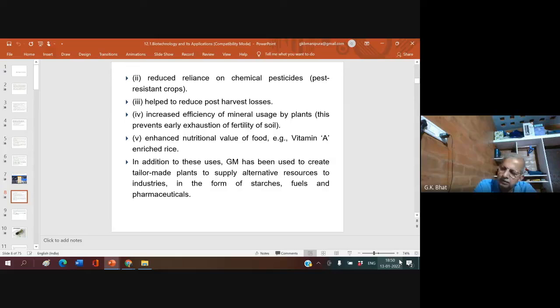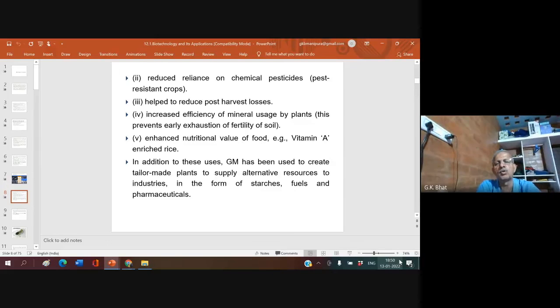Now, let me just tell you, if at all you are growing tomato, let us say that when you are getting your crop in certain tons, at that time there is no rate at all, you cannot sell it in the market.